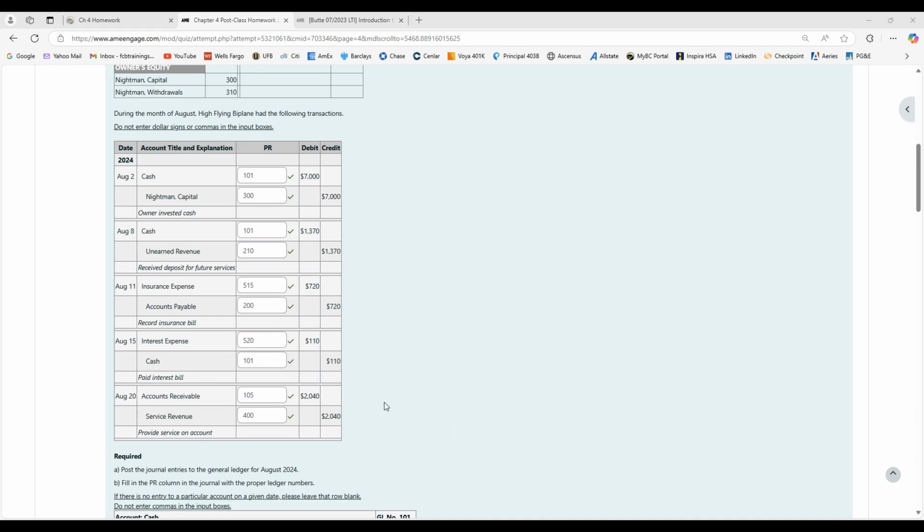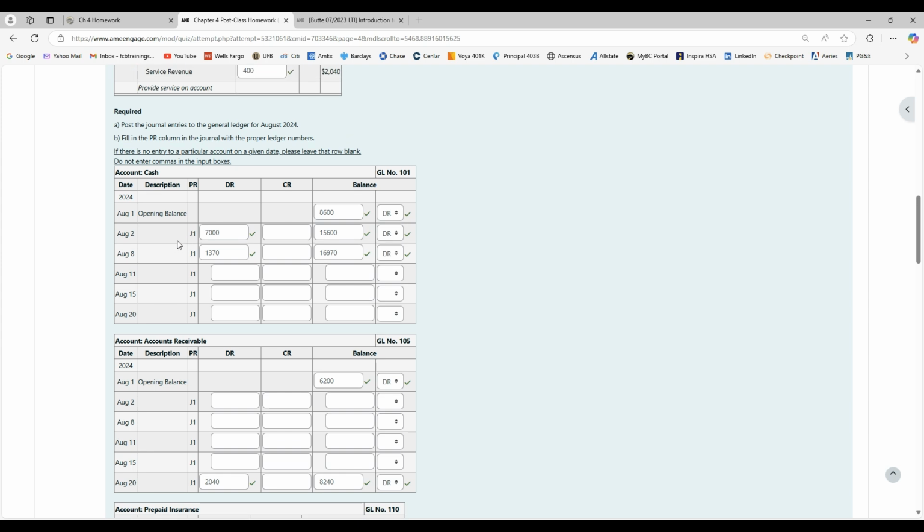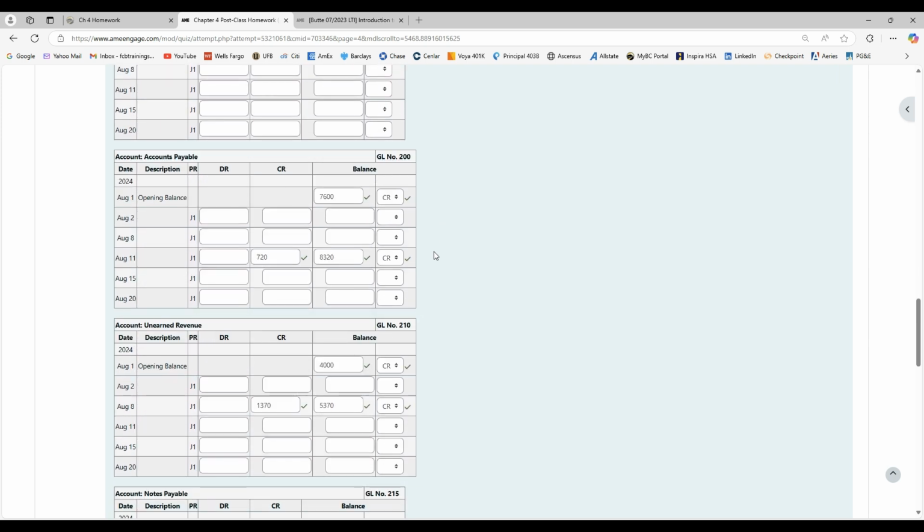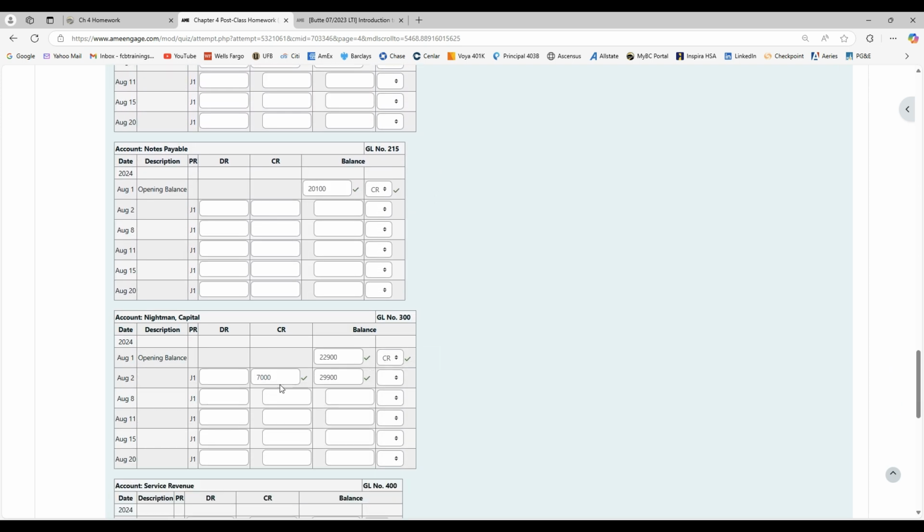Let me look back through. Now I'm going to check my journal entries one by one and make sure I got all those in right. So August 2nd, we had the 7,000, and we had capital 7,000. Oh, here we go.